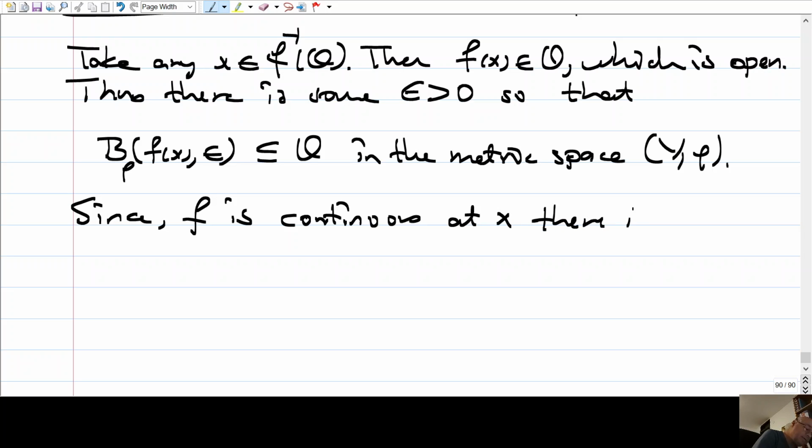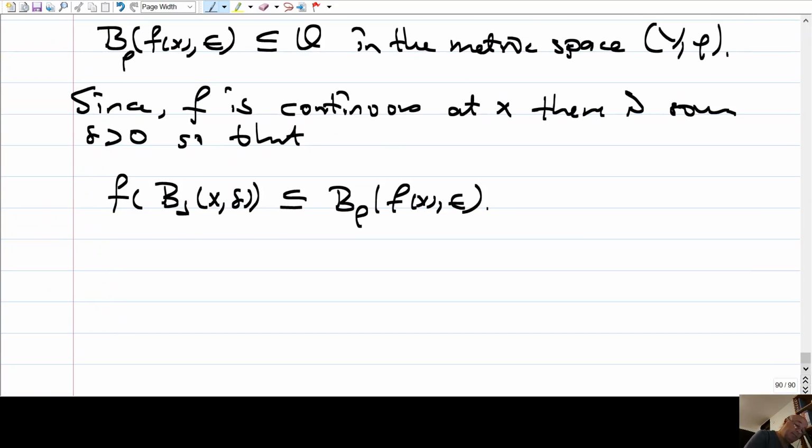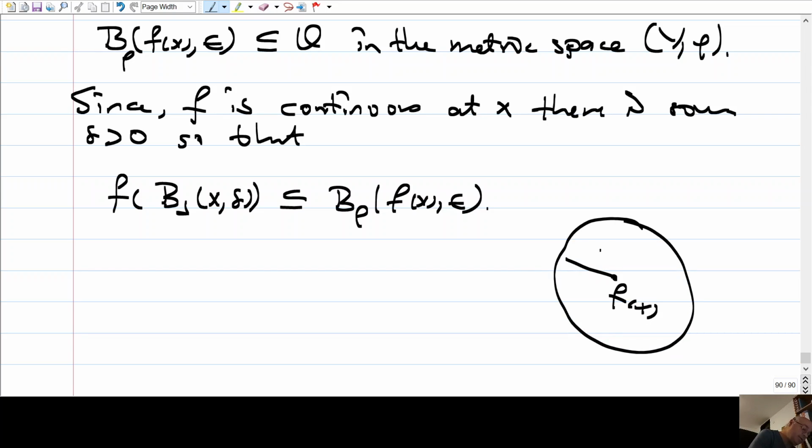there is some delta ball. There is some delta so that f of the delta ball around x is mapped into the epsilon ball in the metric space Y rho. Okay, so here is my f of x and my epsilon ball.